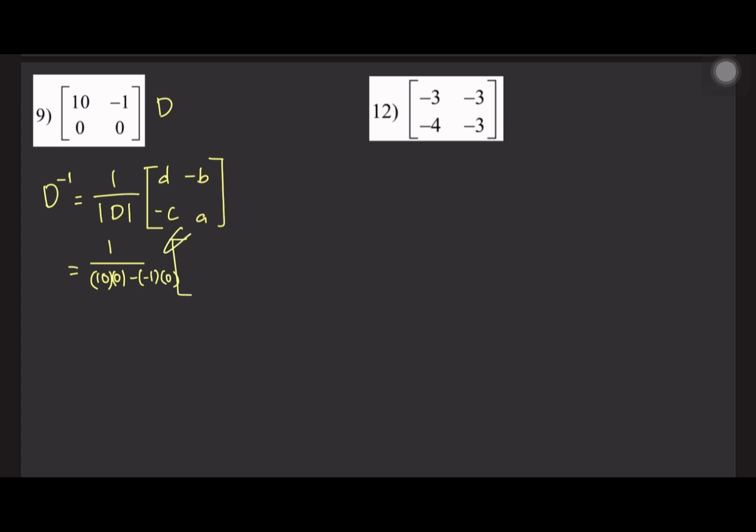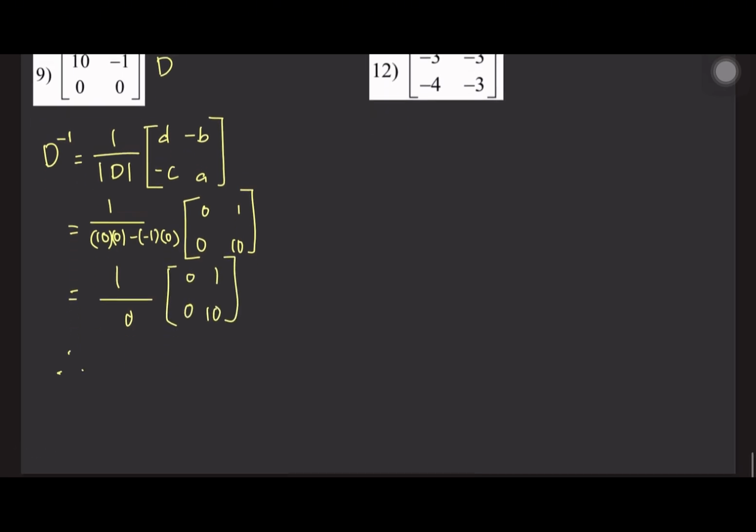Then the matrix would be D is 0, negative B is 1, negative C is 0, and A is 10. Okay, you might have noticed something here. Our determinant of D is 0, and therefore D inverse does not exist.